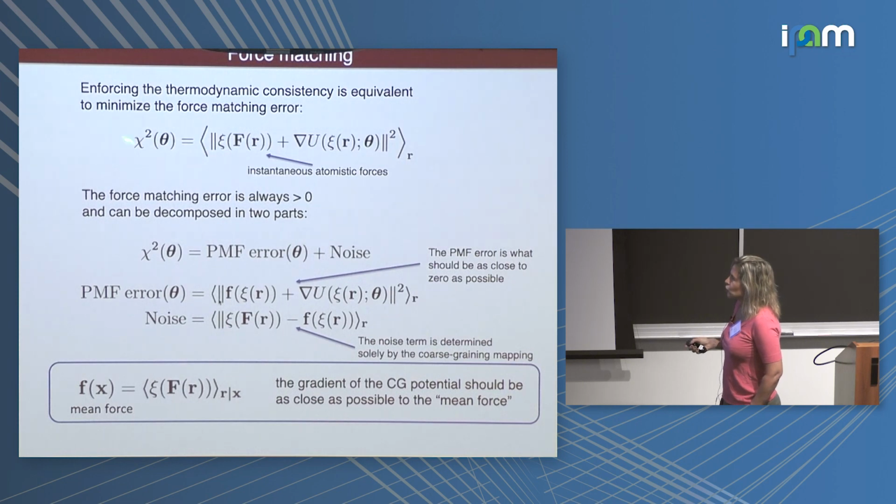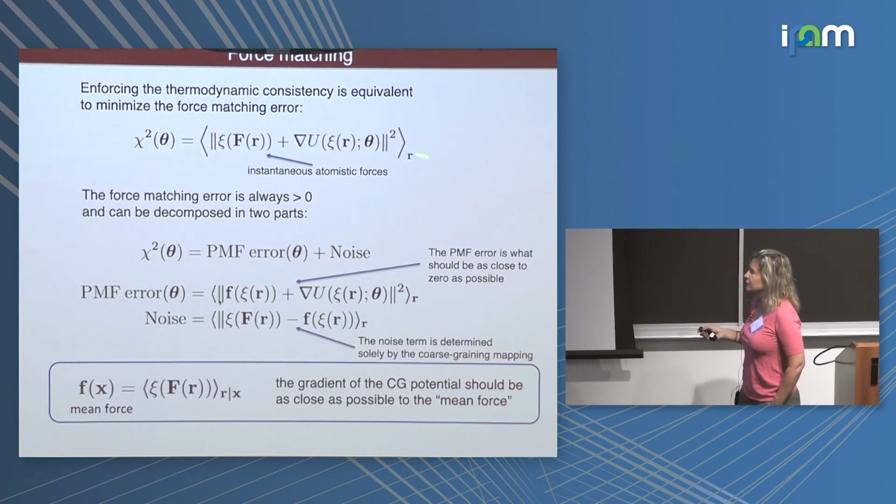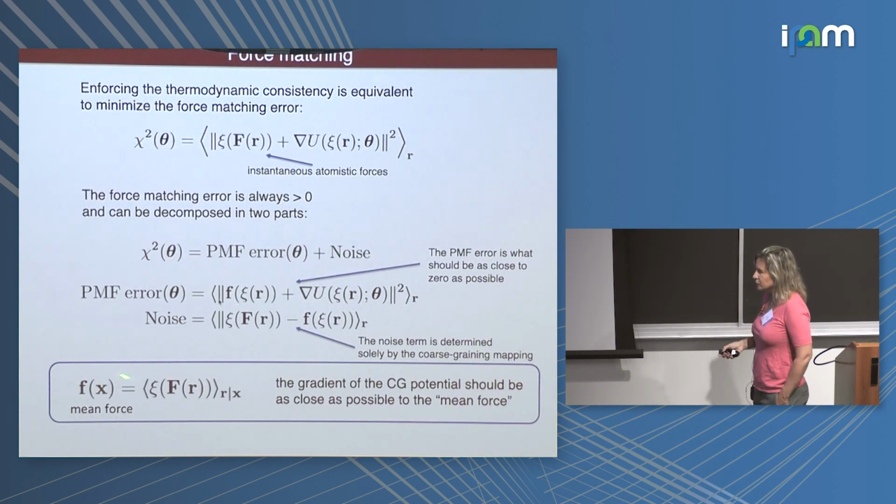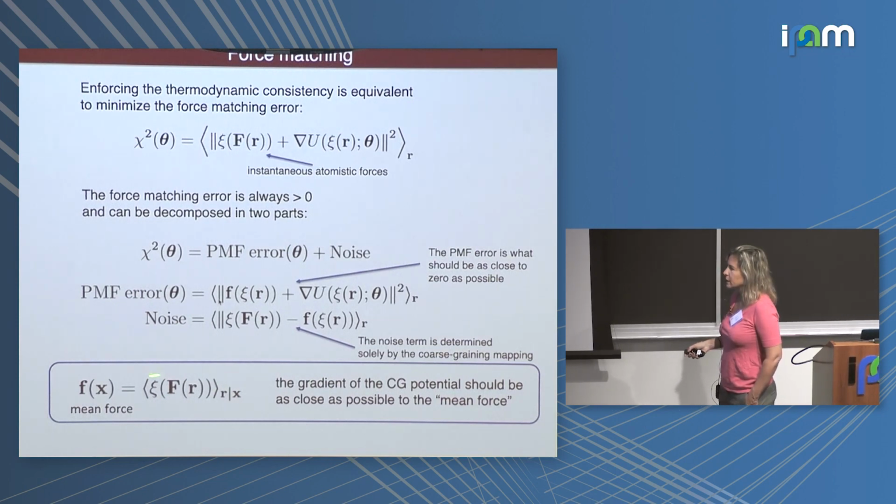It's possible to show that the coarse-grained potential U that satisfies thermodynamic consistency also minimizes this functional. If we find the potential that minimizes this functional, this is the so-called potential of mean force, such that the force on the coarse-grained coordinate is the average of all the atomistic forces on that coarse-grained representation.